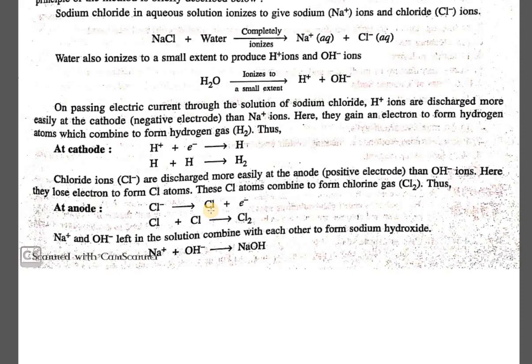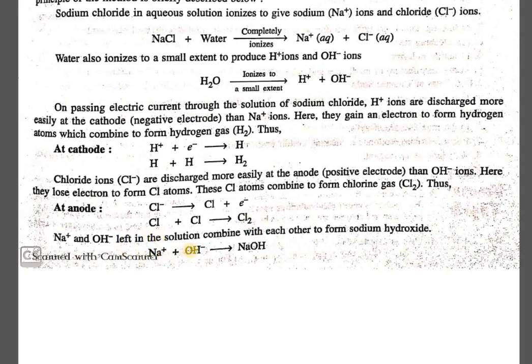Now the same chloride ion which has accepted one electron is releasing one electron. So obviously the products will be one chlorine atom and the electron which was accepted. Now since the chlorine atom is unstable in its atomic form, two chlorine atoms combine together and form chlorine gas.